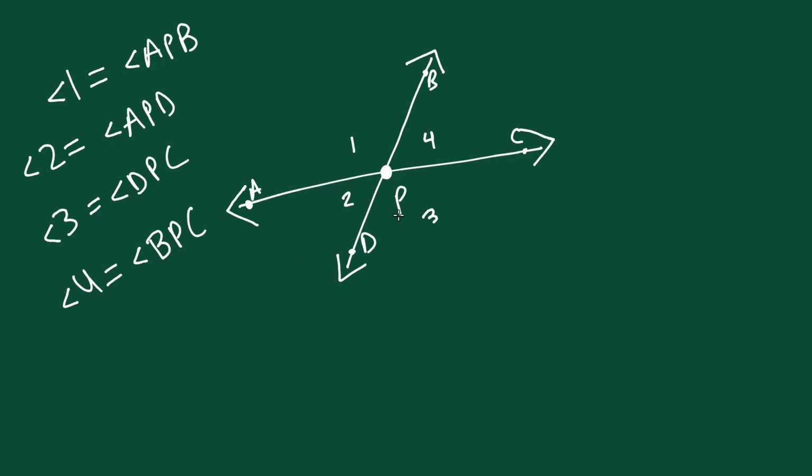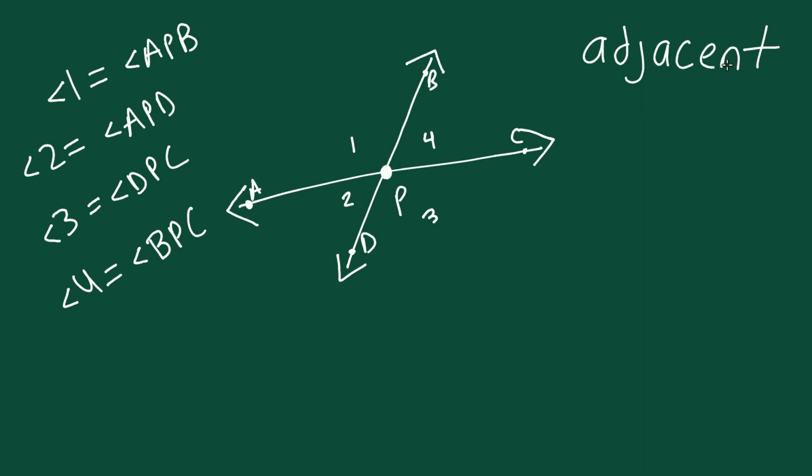So when we're looking at angles, particularly when we have two intersecting lines, there are some relationships for these angles. For example, some angles are adjacent. Adjacent angles are neighbors. They share a vertex and a common side.